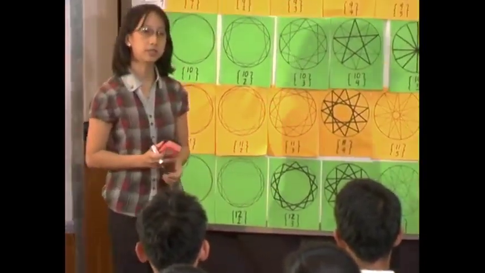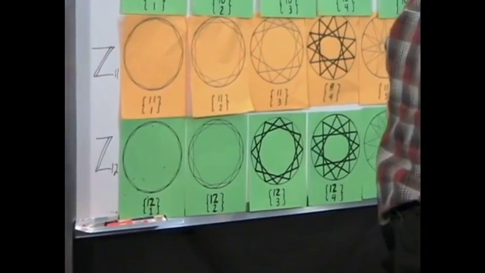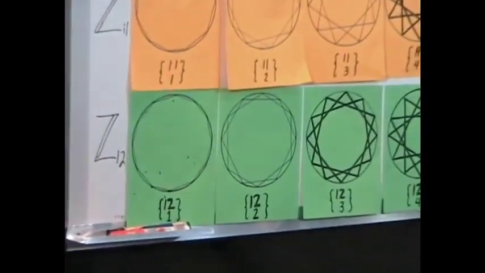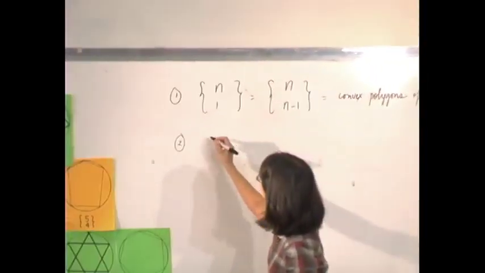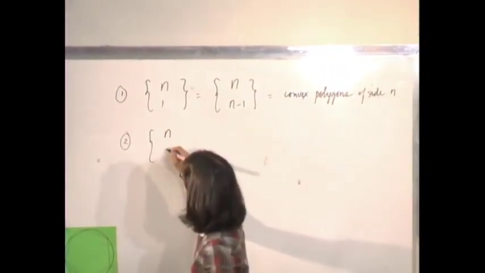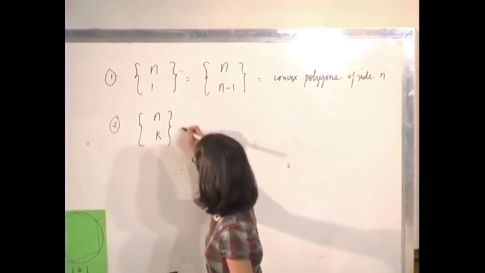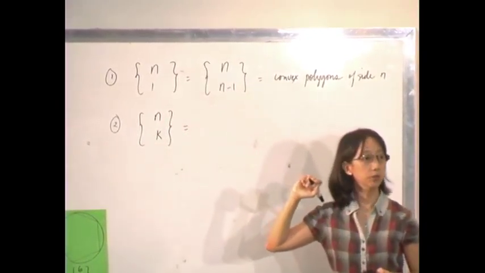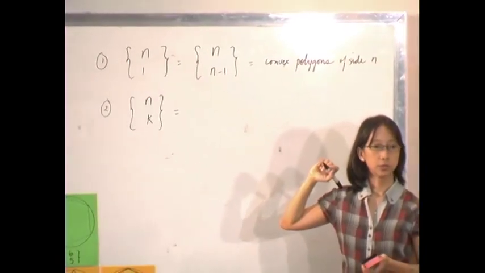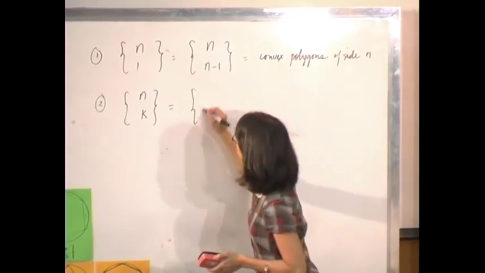What do you notice? They're all the same. So can you make a generalization? Another conjecture? And yes, if we want it to be k, this will be equal to which one? N, yes, the modulus is still n, and the addend is n minus k.